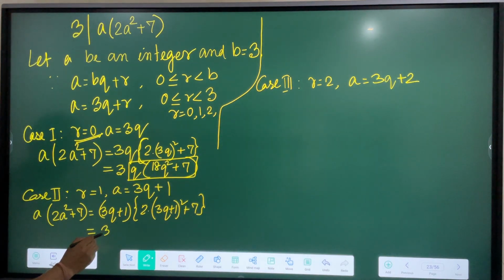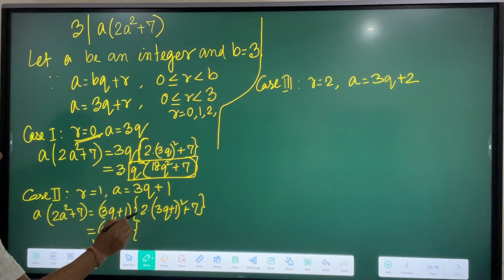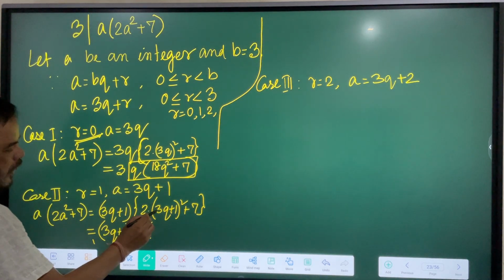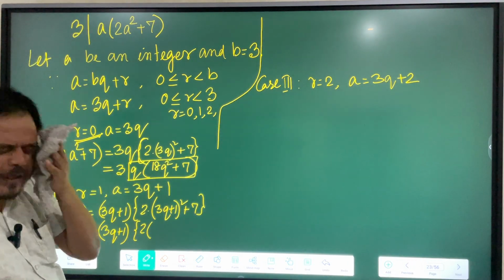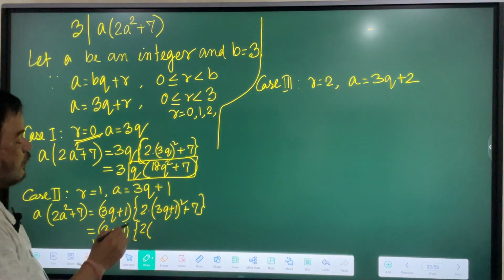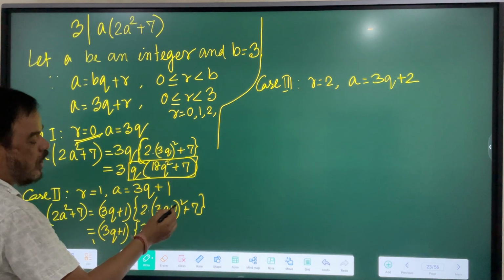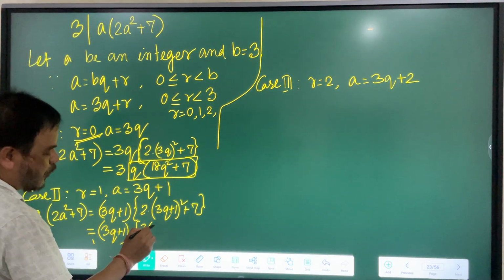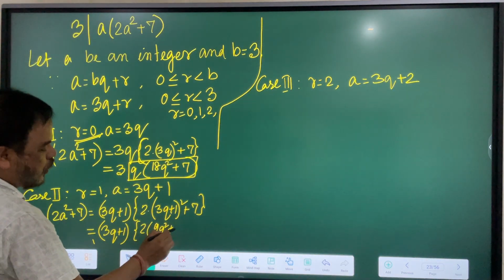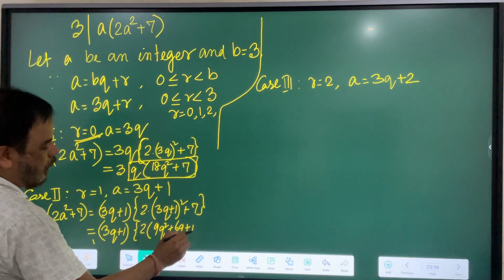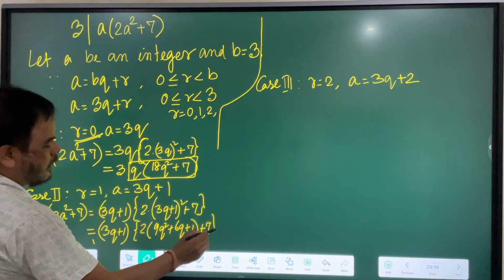Now for a plus b whole square, the formula is a square plus 2ab plus b square. I hope you understand this one. So a square means 9q square, directly I am writing 9q square plus 6q plus 1 plus 7.